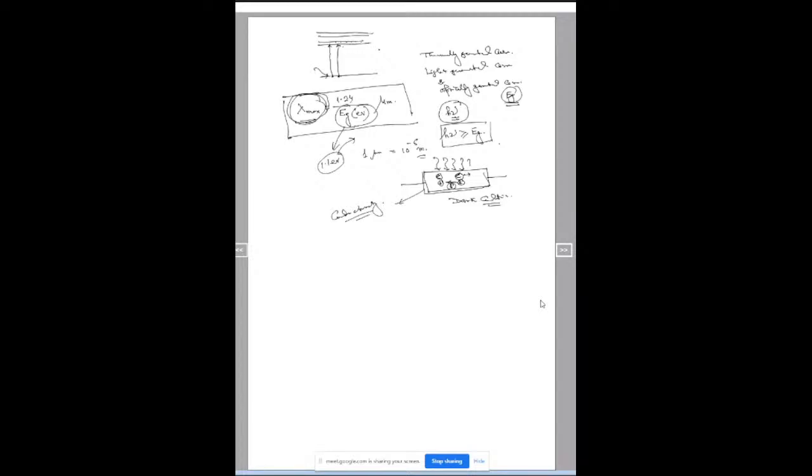Right? If you apply a voltage across this semiconductor, or if you connect a load across this, some amount of current will flow through the semiconductor in the absence of light.